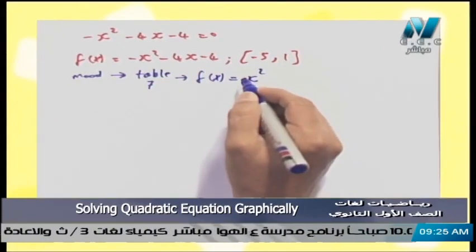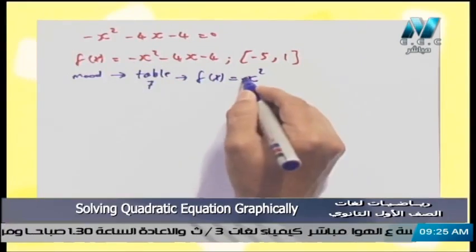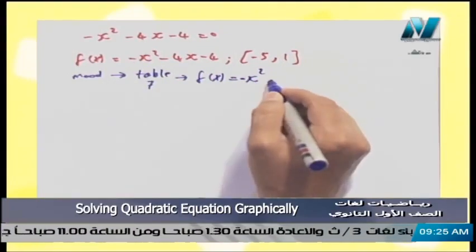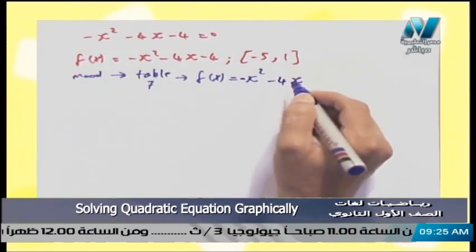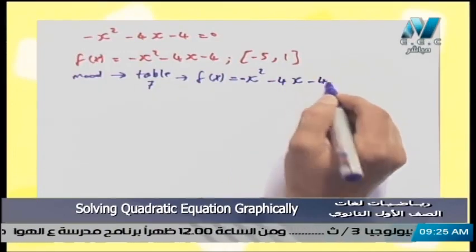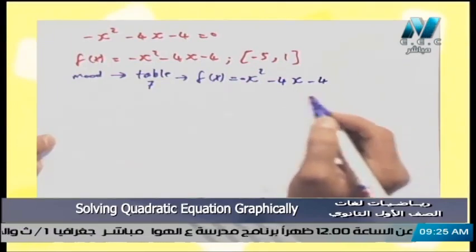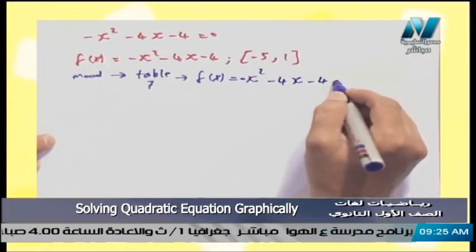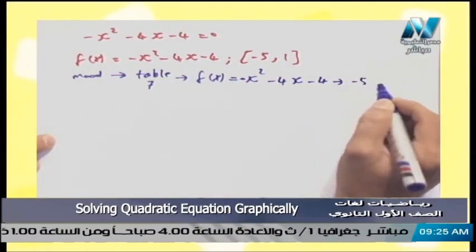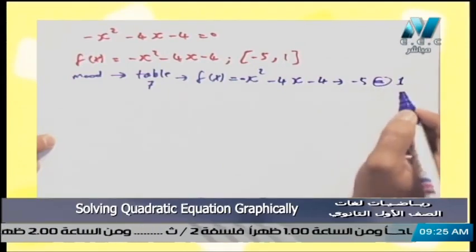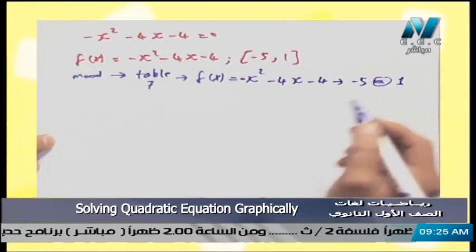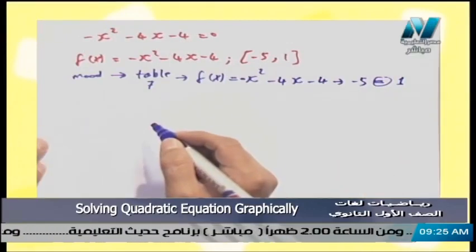This function will be negative x power 2 here, and then negative 4, so press alphabetical, then x, then negative 4. Then you press negative 5, then press equal, then you press 1. Then you will have the table.